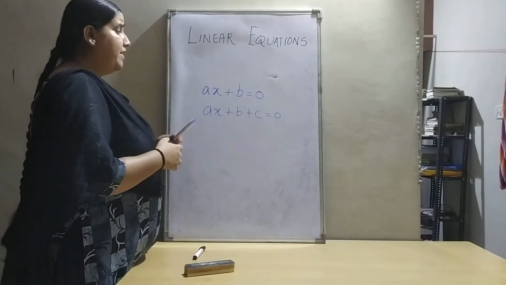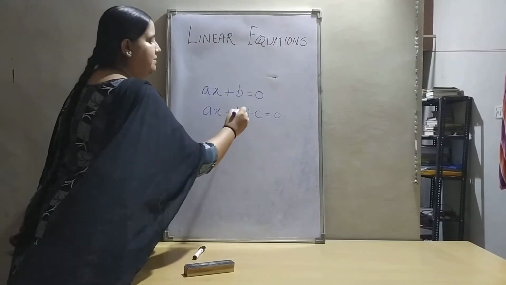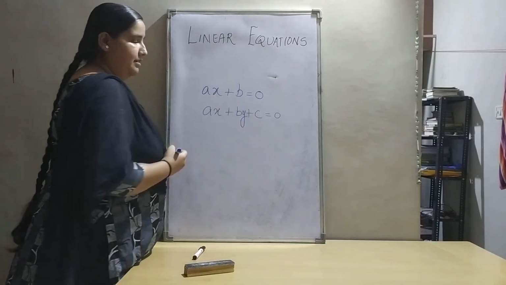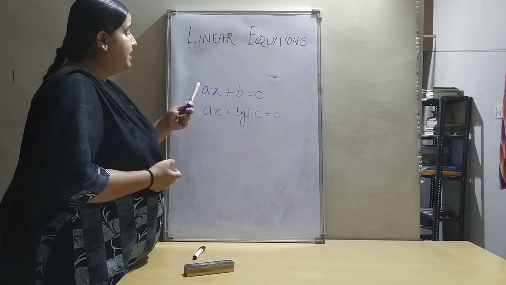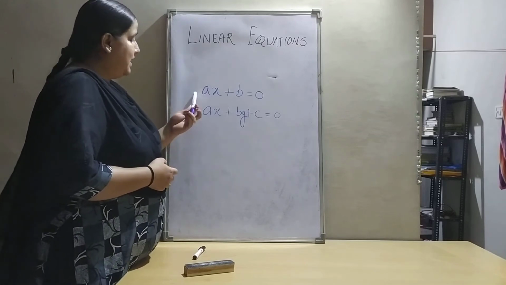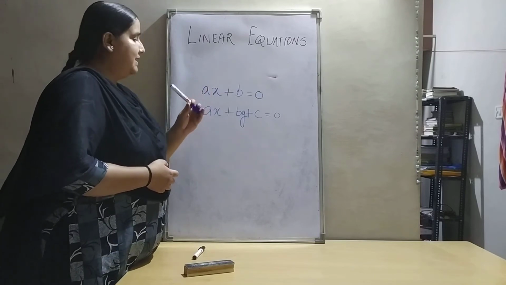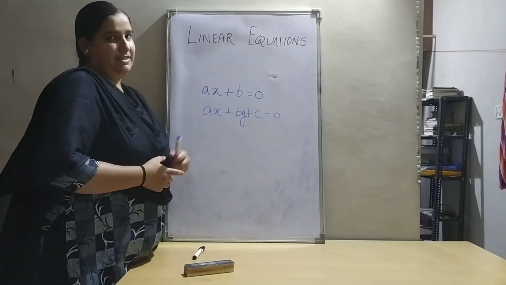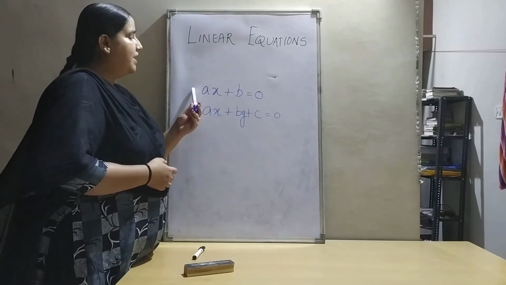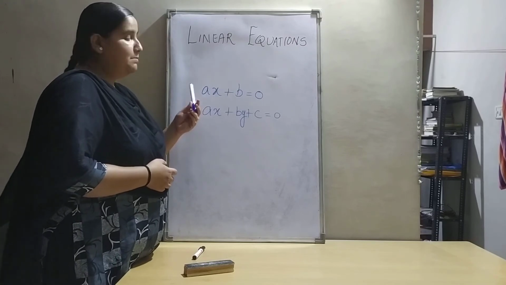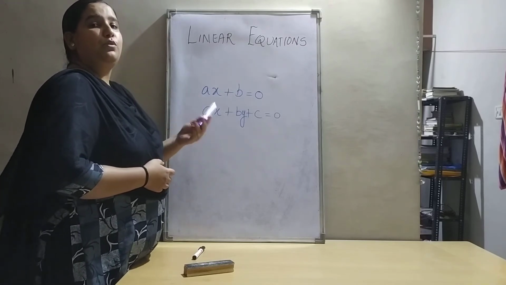Now, if I include one more variable here, if I write y here, what is the difference between these two equations? The first equation has only one variable and the second equation has two variables in it, right?